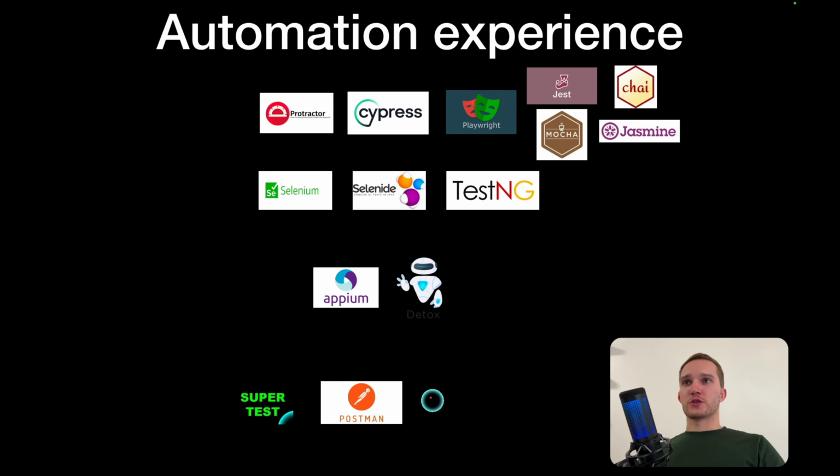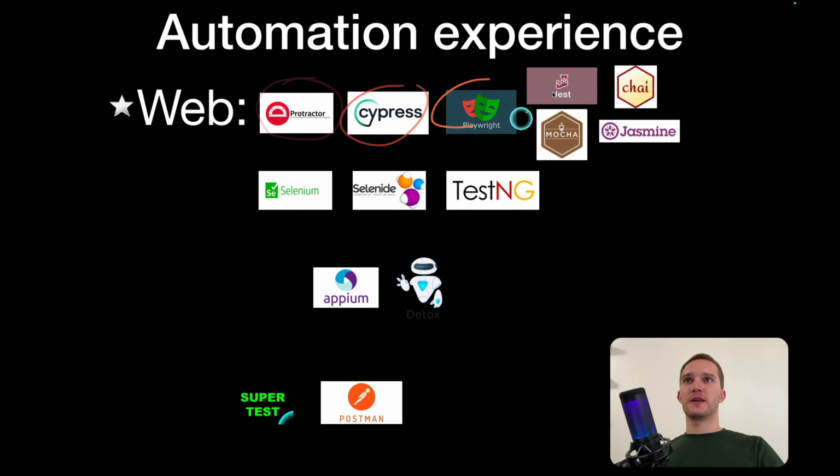I also wanted to share with you some of the technologies that I've worked with. This is basically my test automation experience. For the web, I used Protractor, Cypress, Playwright, then Jest, Mocha, Chai, Jasmine.